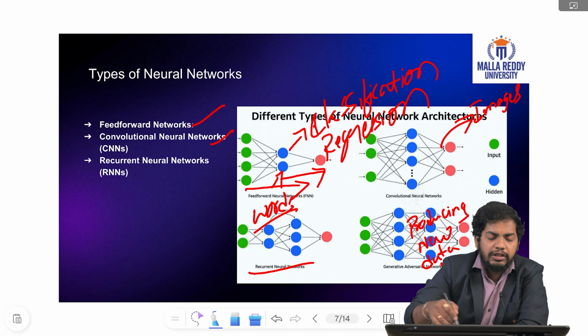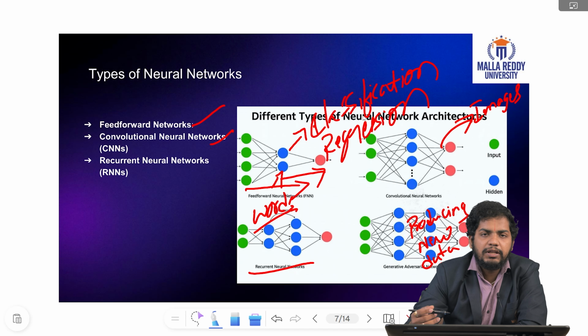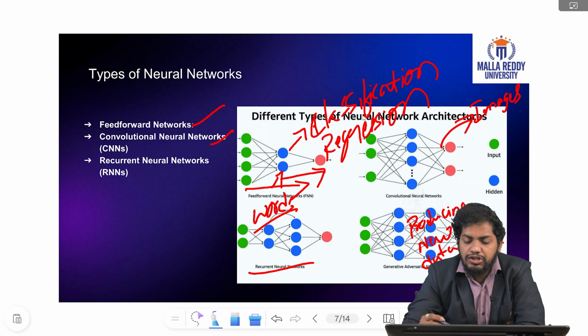So feed-forward neural networks are for simple calculations like regression and classification, whereas convolutional neural networks are used for images, recurrent neural networks, which we call RNNs, are used for textual data and time series data, and generative adversarial networks are for augmented data.